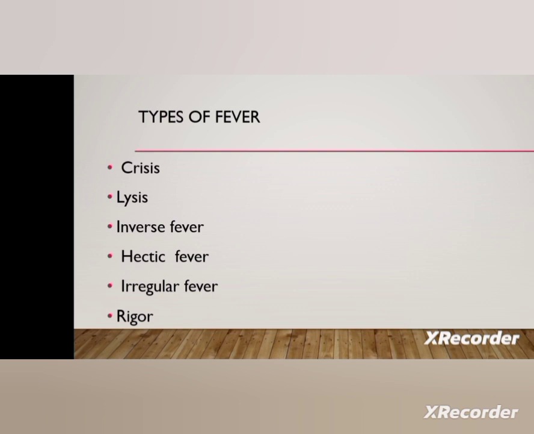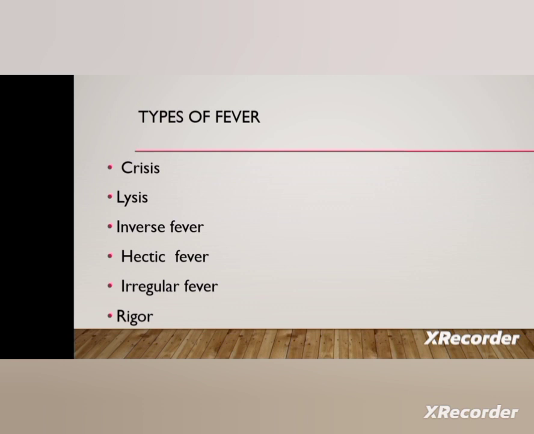So the difference from 98.6 to 105 is very high, right? So that temperature difference will be very high in case of hectic or swinging fever.